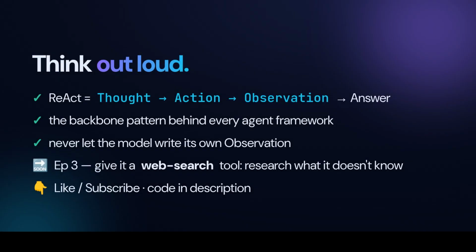And that's ReAct, the agent reasoning out loud, one thought and one action at a time, until it reaches an answer it can back up. This is the backbone, the pattern behind almost every agent framework you'll ever touch. And now you've written it by hand, so you know exactly what's under the hood.